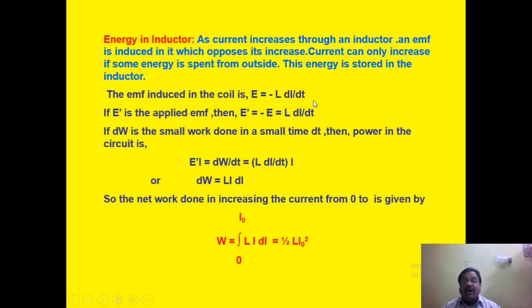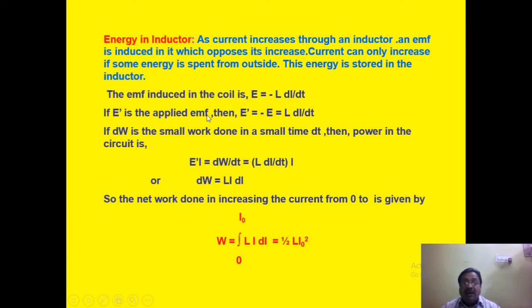Now if current changes at the rate of di by dt, and L is the self-inductance, then the EMF induced in the coil is E equal to minus L di by dt. Suppose E prime is the applied EMF which does certain work to maintain the increase of current. So it must be opposite to the induced EMF.